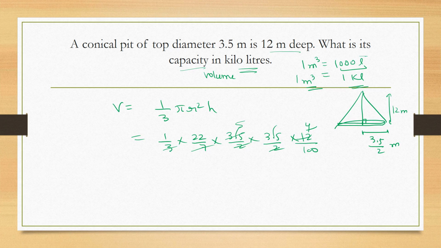Then you can solve it. 5 2s are 10. Then 2 1s are 2. Then 5 2s are 10. 5 7s are 35. So 77 by 2 meter cube, or we can say kiloliters. Got it? Let's move on to next thing.